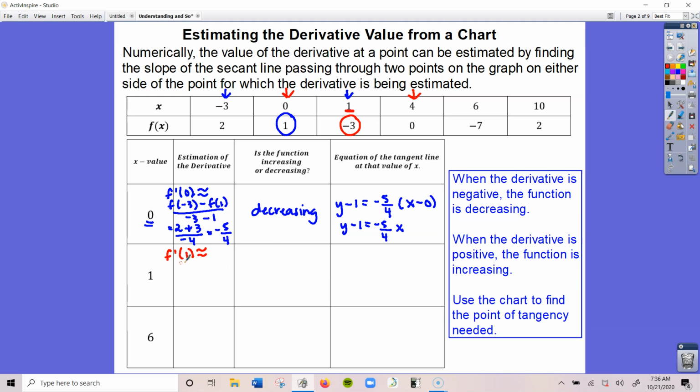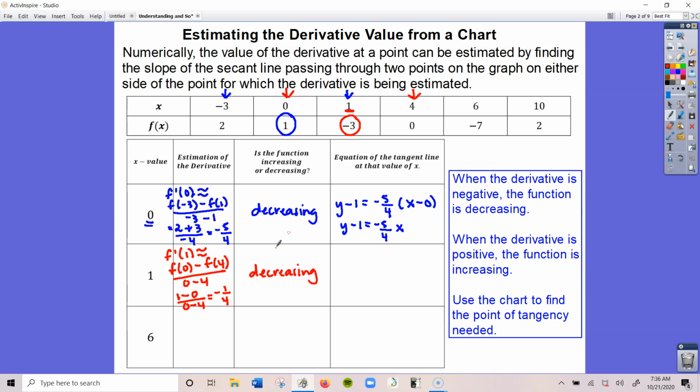So I would state that f prime of 1 is approximately f of 0 minus f of 4 over 0 minus 4. Now f of 0 is 1, minus 0, over 0 minus 4, which gives me -1 over 4. Again, we have a negative slope, so that must mean that my function is decreasing at that point.